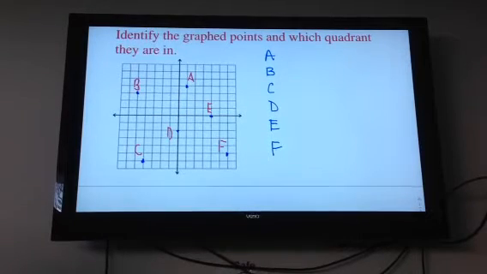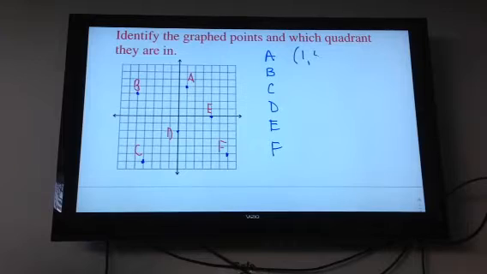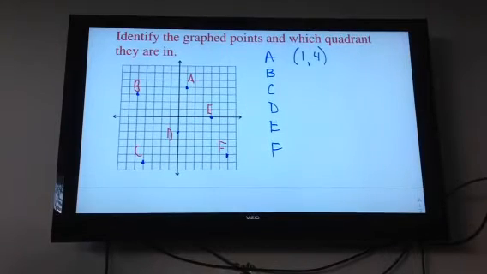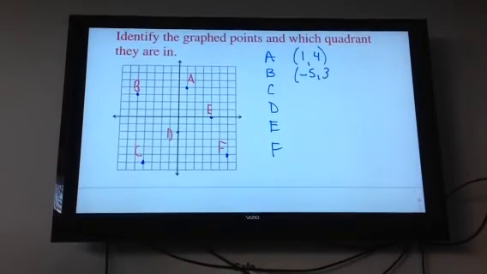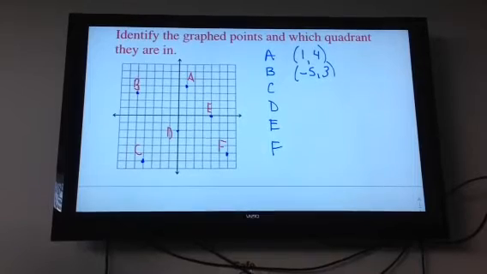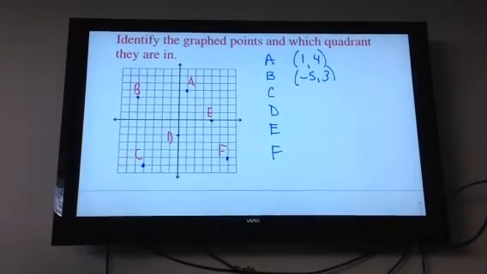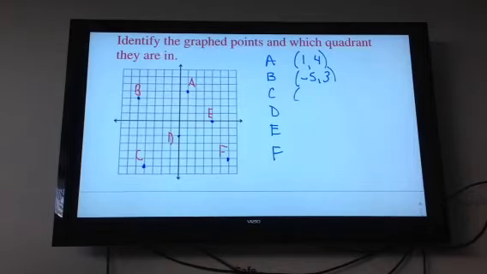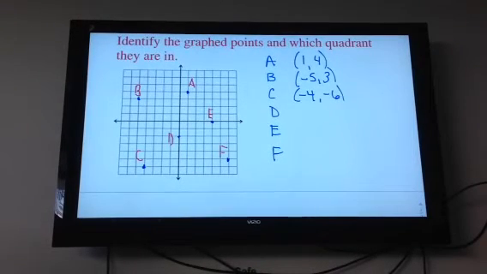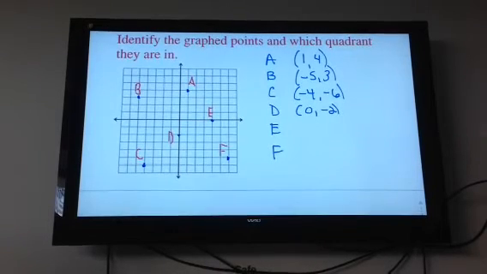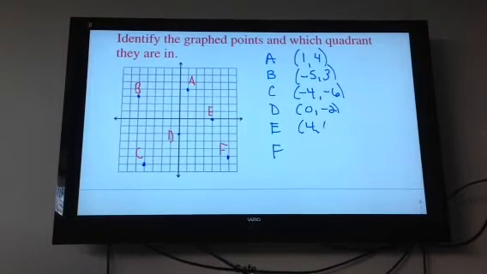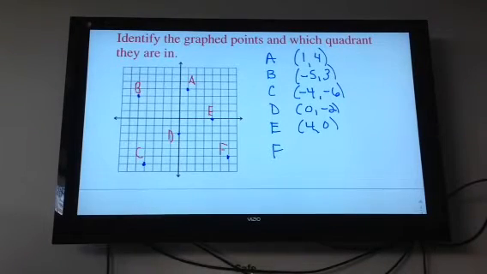Okay, A. For A, you should have 1, 4. For B, 1, 2, 3, 4, 5, negative 5, 3, if I counted right. C, negative 4, negative 6. D is 0, negative 2, where E is 4, 0. So those 2, D and E, are the ones that sometimes people mix up.